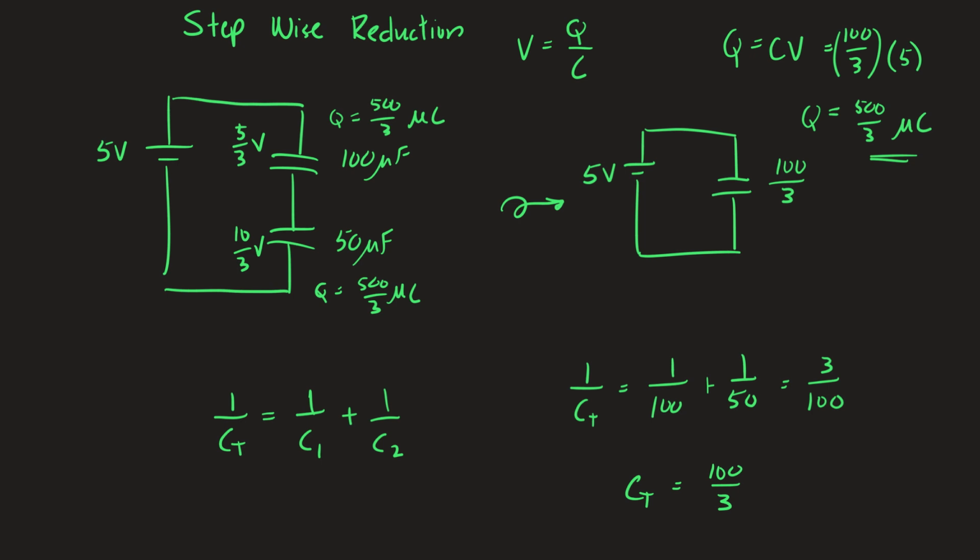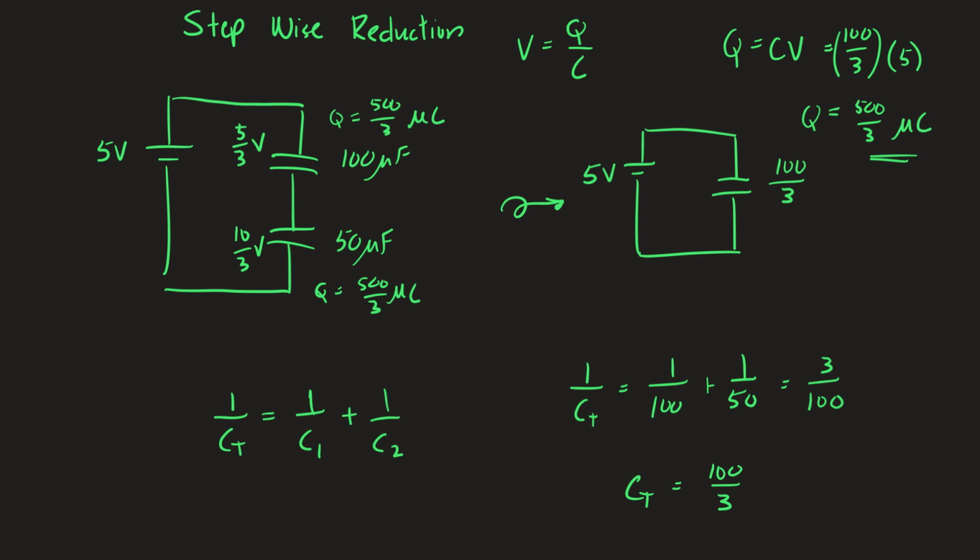This is stepwise reduction. If you follow what I did, I found an equivalent capacitance first, used the equivalent capacitance to find the total charge on the capacitors, and then worked backwards to find the individual voltage on those capacitors. You guys see what I did?